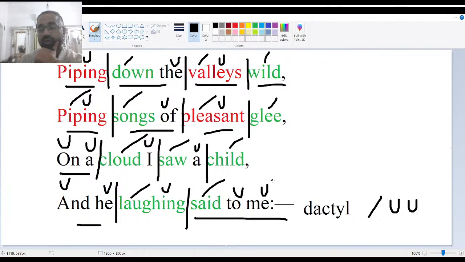The speed increases a bit because there are 2 unstressed syllables. The more stressed syllables you have in a line, the slower the speed. It slows down. So, and he laughing said to me. This is an example of a dactyl at the end of the 4th foot.